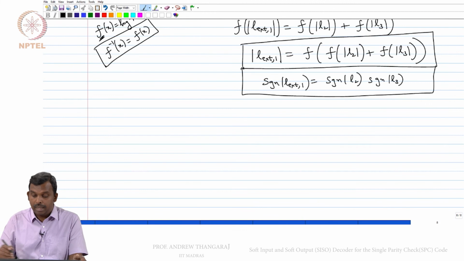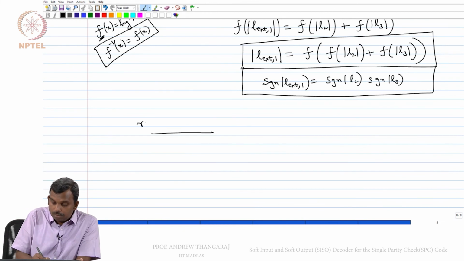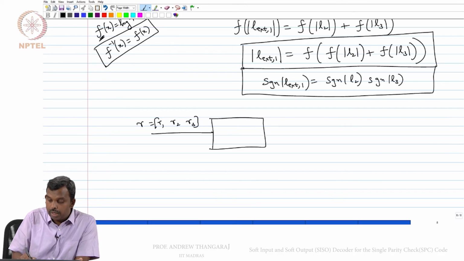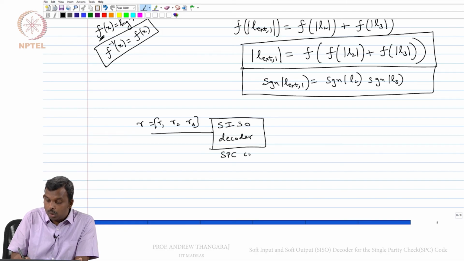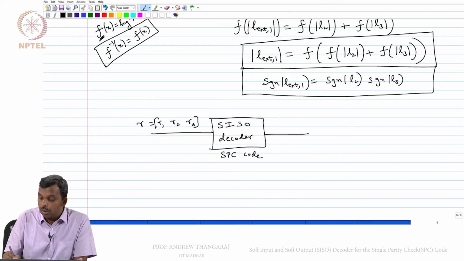So, when you want to build the SISO decoder for the SPC code, what is going to be your capital L1, capital L2, capital L3. Okay.